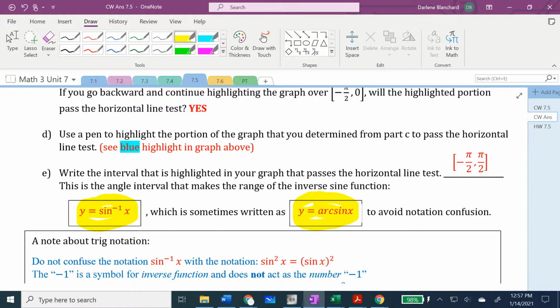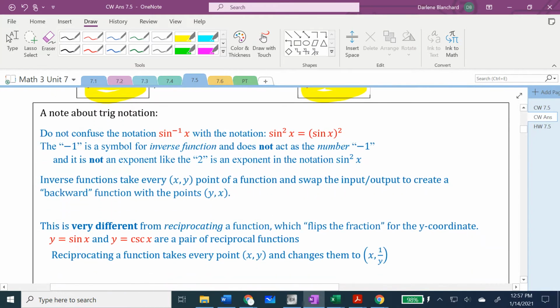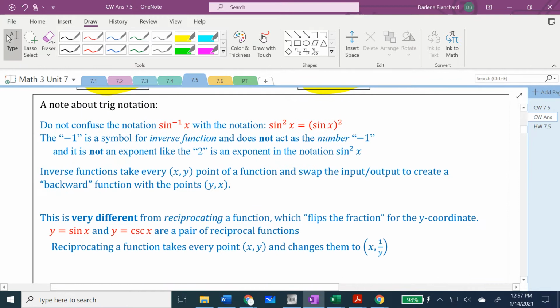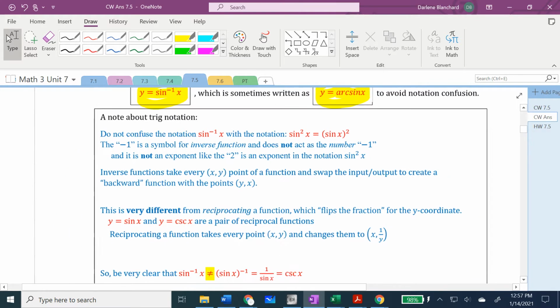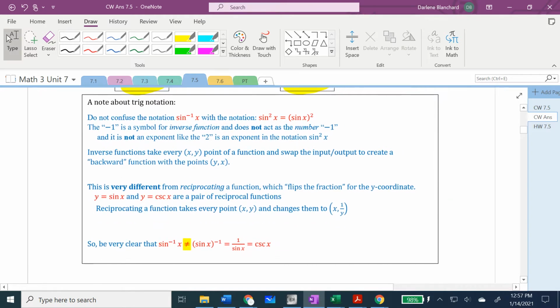Now, here's some unfortunate things that you need to make sure you are very, very clear about, because this creates confusion through all levels of math. I get a lot of calculus students that don't realize this specific notation issue, and it causes problems.